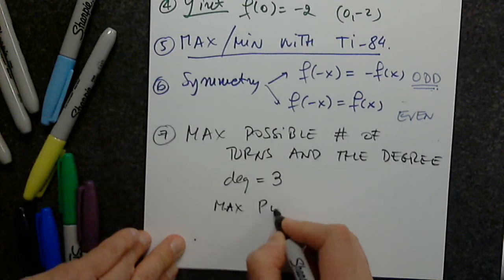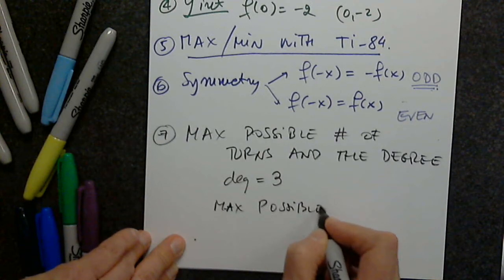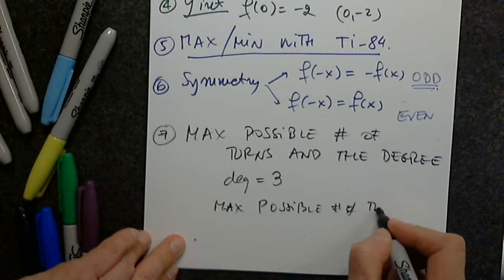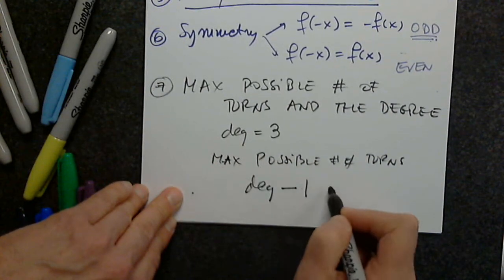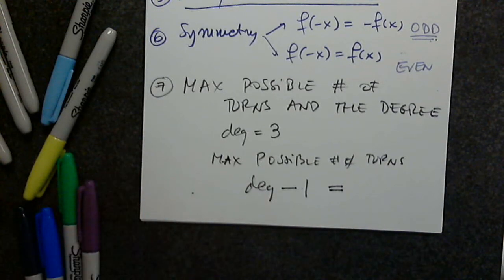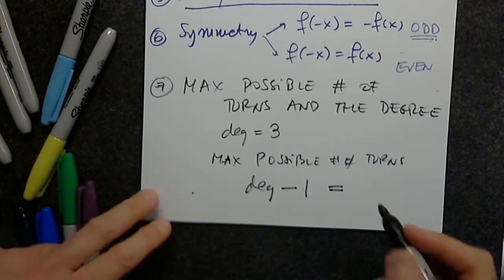Max possible number of turns is degree minus 1. If the degree is 10, the function cannot turn more than 9 times. It cannot have more than 9 max min. That's what the turning point is. In this case, the degree is 3. This function can never turn more than twice.